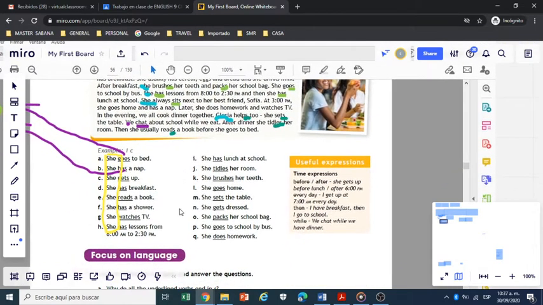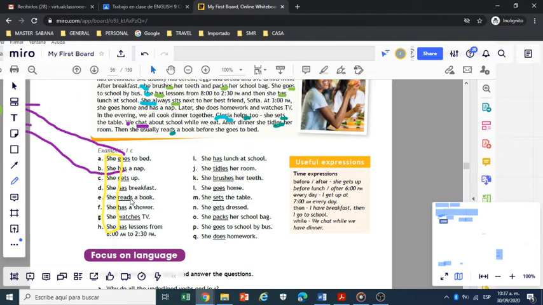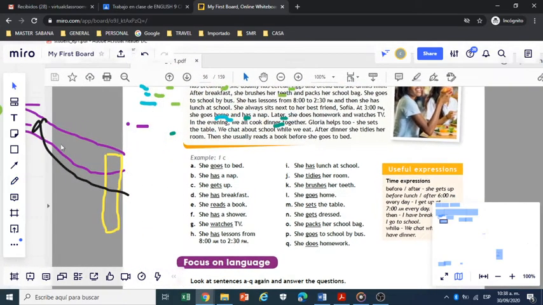Another example, look at this. Reads, third person singular with S.